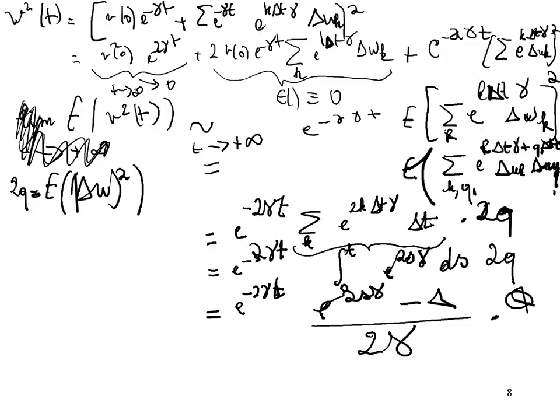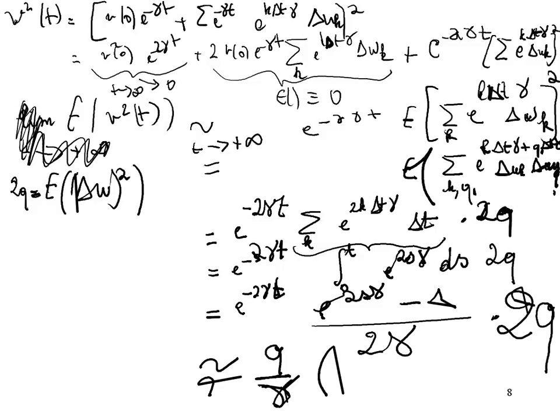In the limit t large, this equals q divided by gamma, multiplied by 1 minus exponential of minus 2 gamma t.